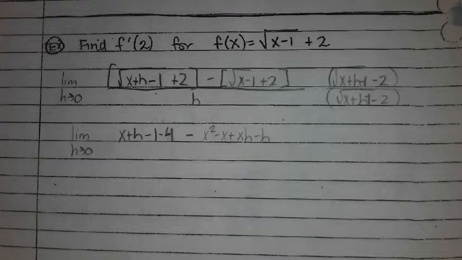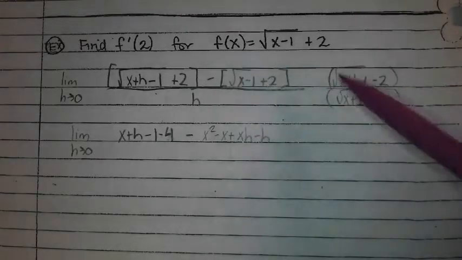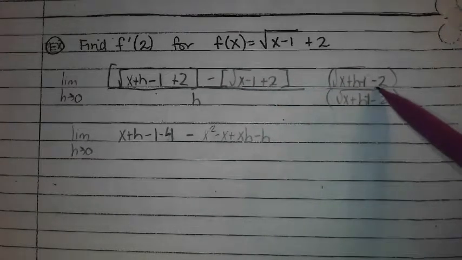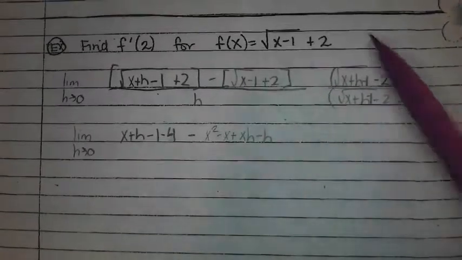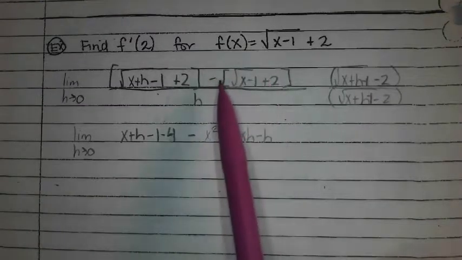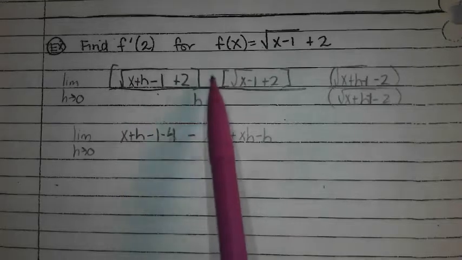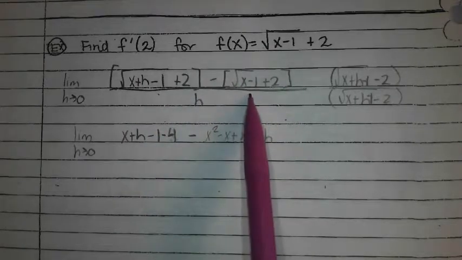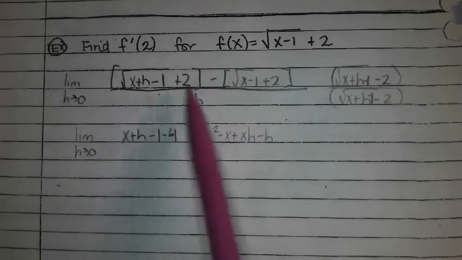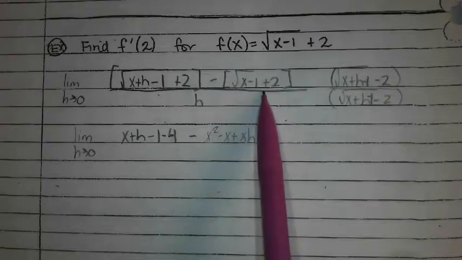Maria? So here. Correct. So, Adam, the binomial is this minus this. So the conjugate would be this plus this.